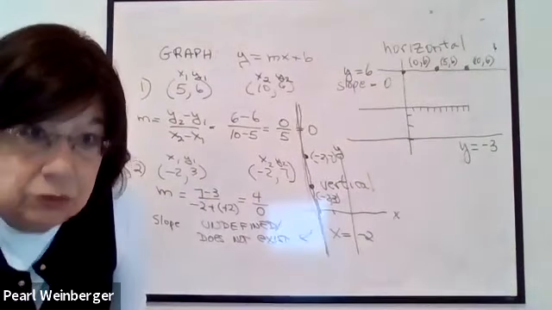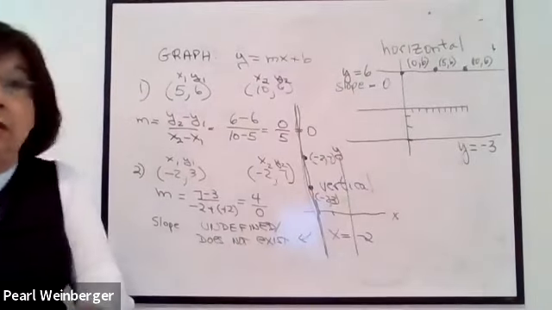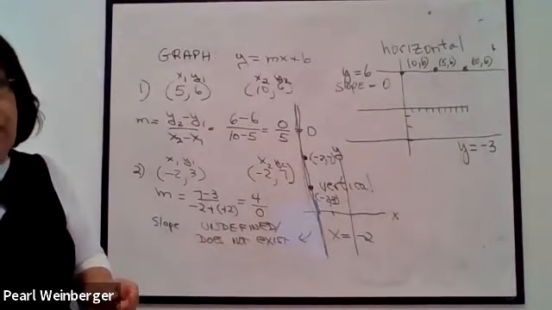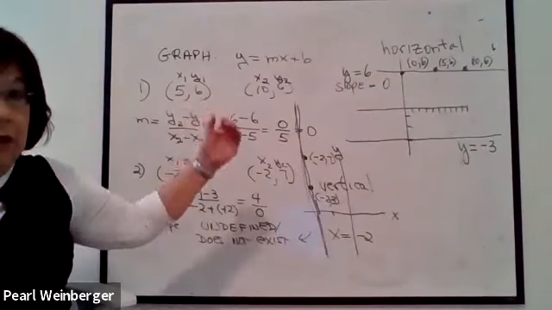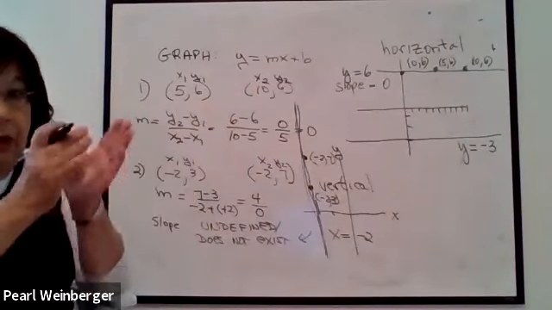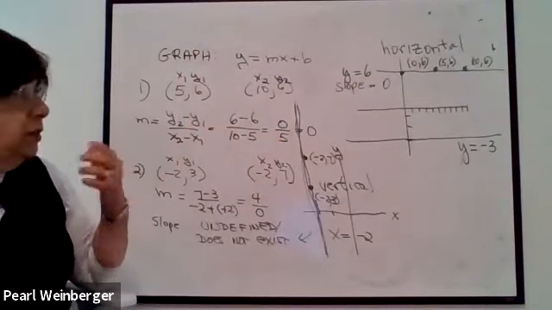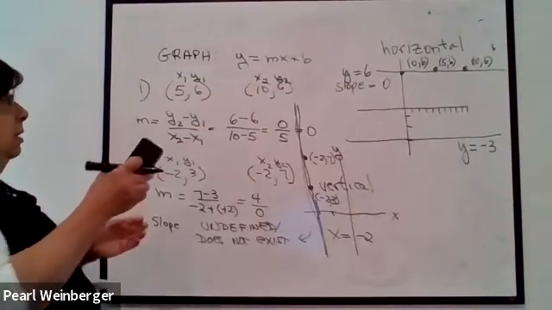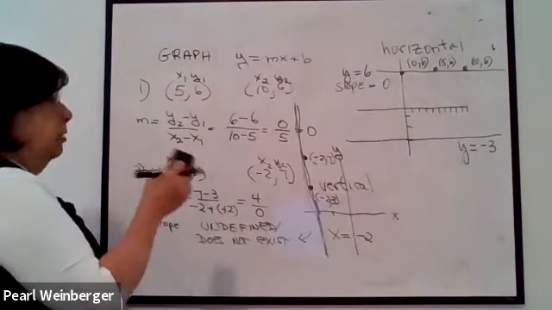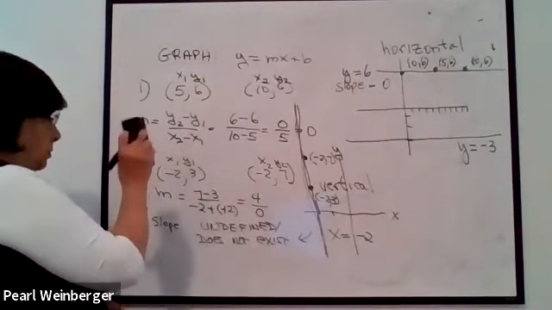Okay, so those are two special lines that we can talk about. Again, we always keep in mind that horizontal lines have 0 slope, vertical lines don't have any slope, and those are two special lines that we talk about separately.